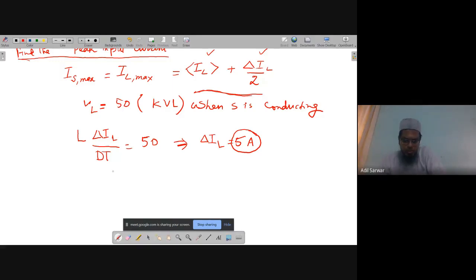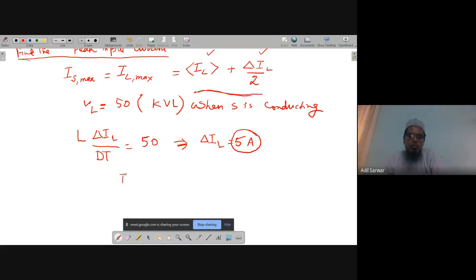So now let us try to calculate IL. We have calculated delta IL. Now we need IL average, the average value of the inductor current. How to calculate it? It can easily be calculated.